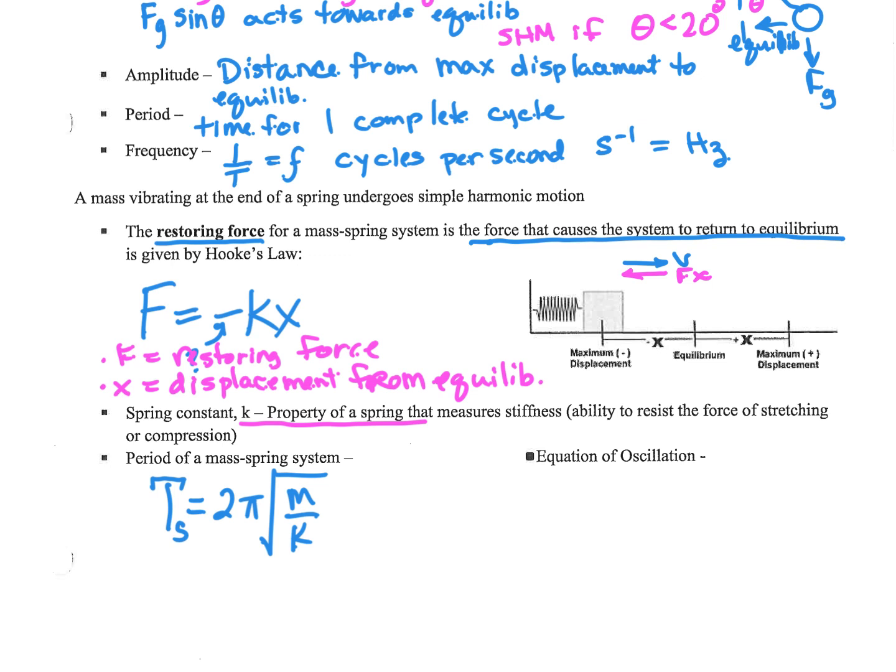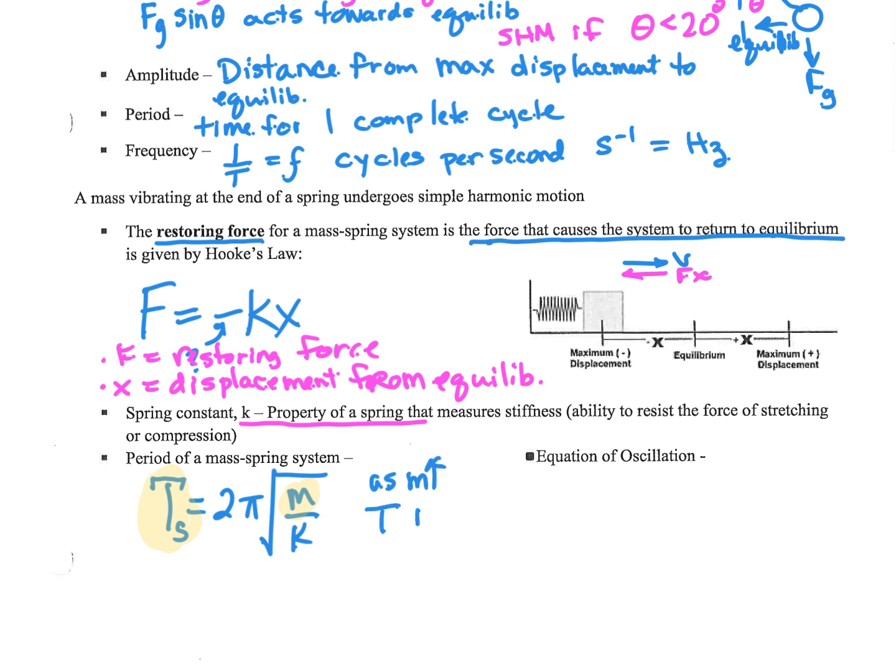That you're going to notice that the period and mass are directly proportional. Think about it. The period is here, the mass is here, so they are directly proportional. So, in other words, as the mass goes up, the period goes up, doesn't it?